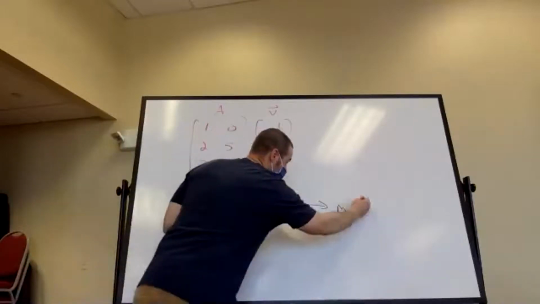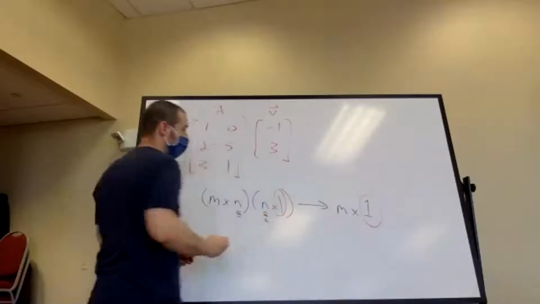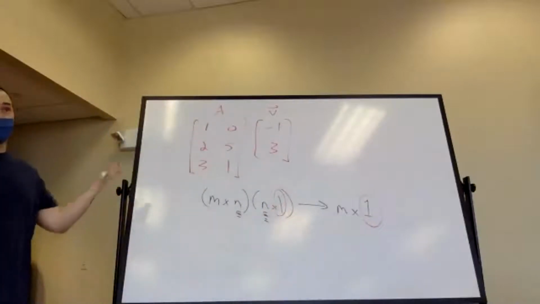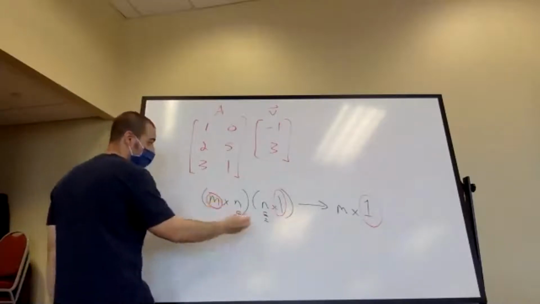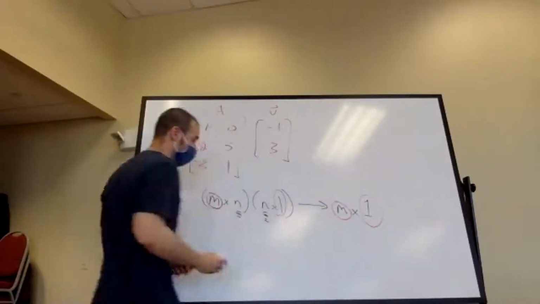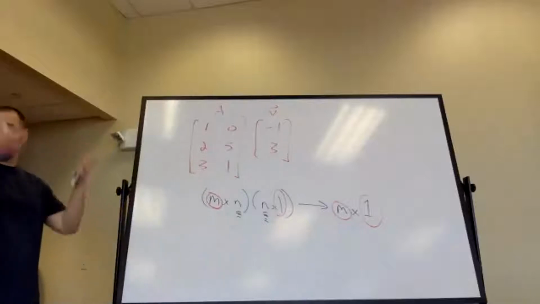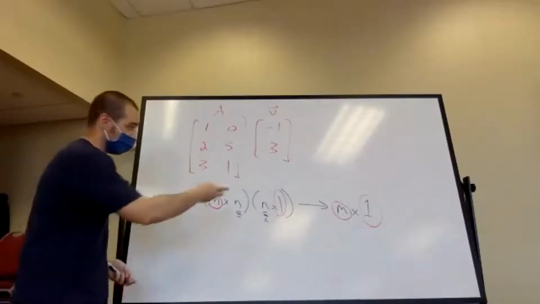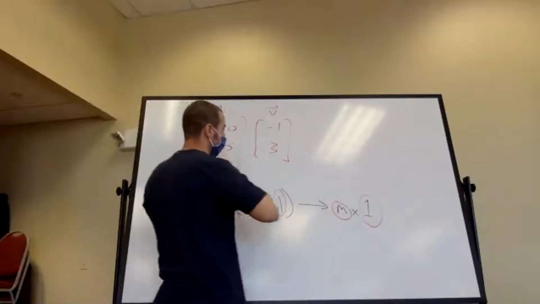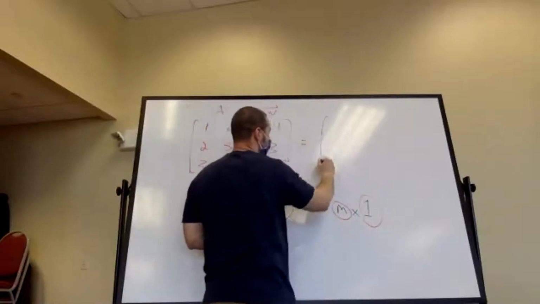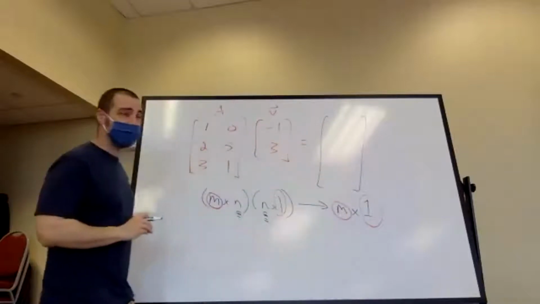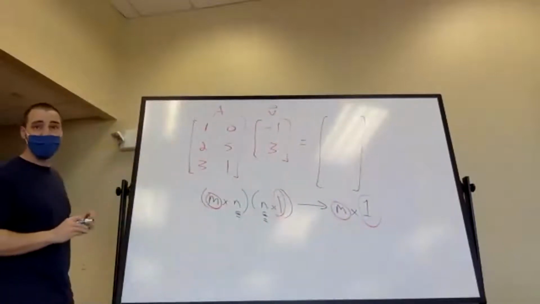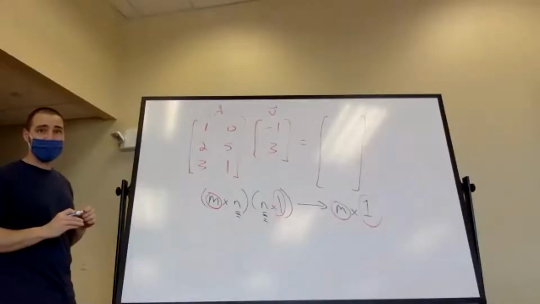The new vector may or may not have the same number of rows as the old vector. And in this case, it won't. So the m right here matches like that. So an m by n matrix times an n by 1 vector gives you an m by 1 vector. So here, I'm going to have 3 rows from these 3 rows. Are you okay with that?